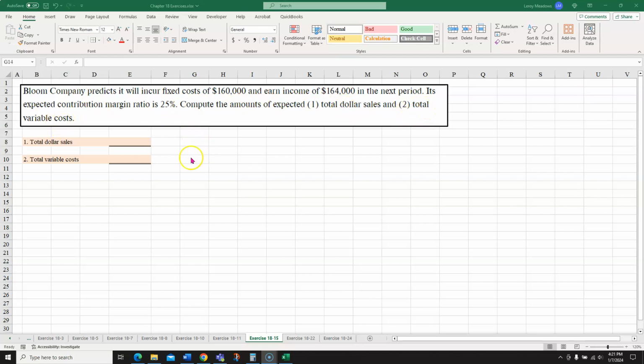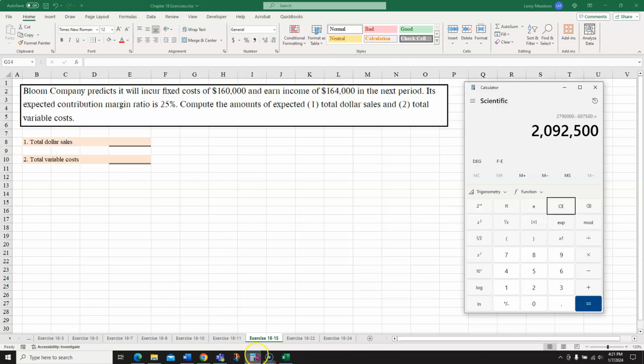In order to get total dollar sales, when we have a target income already included in the problem, I'm going to add that target income to fixed costs. So what is the amount? $160,000 plus my target income, $164,000, and that's going to be $324,000.